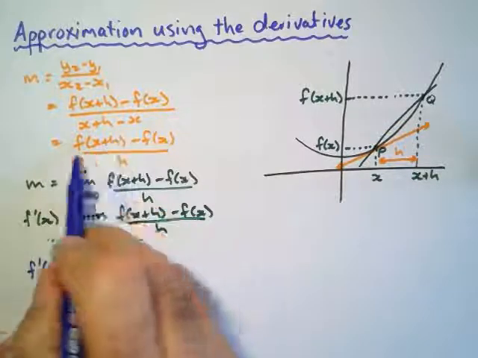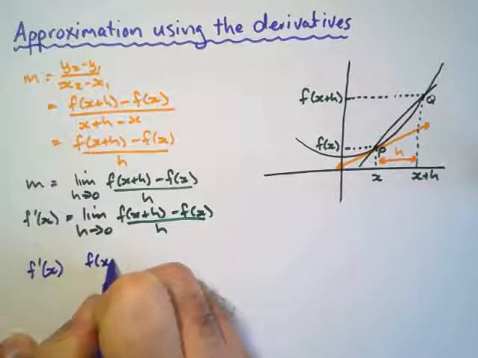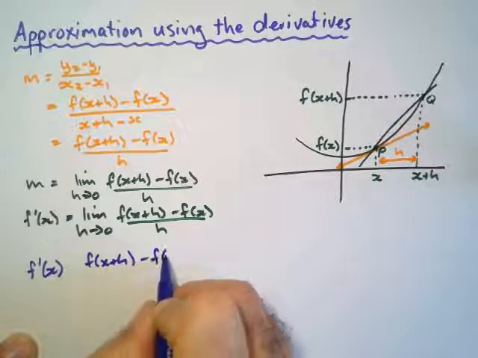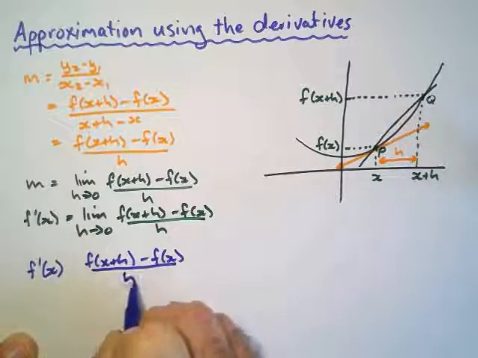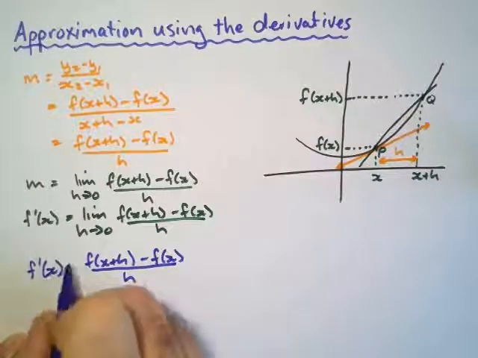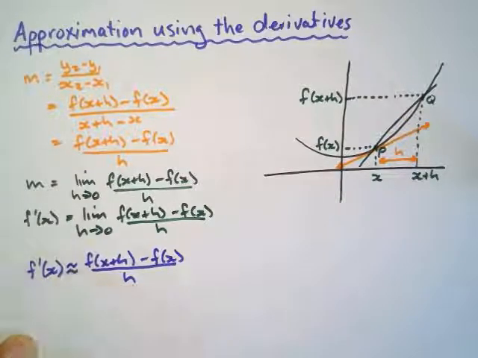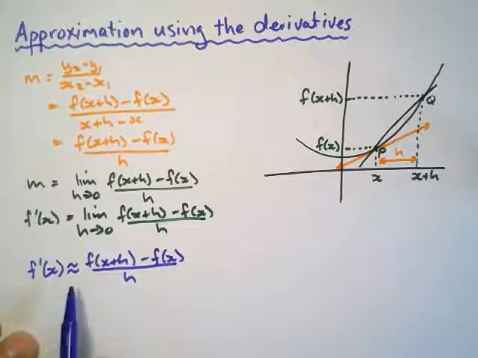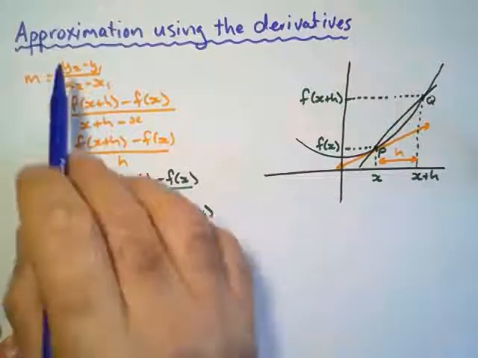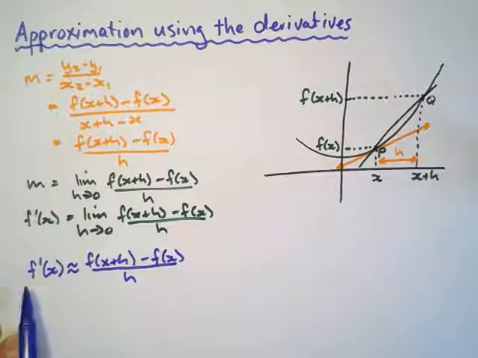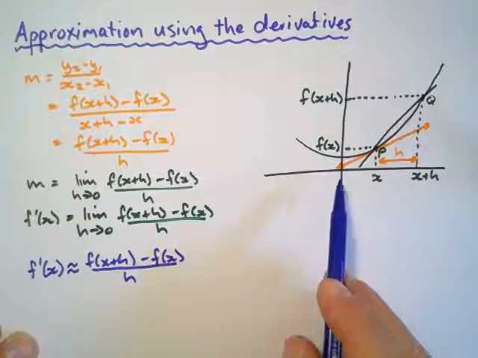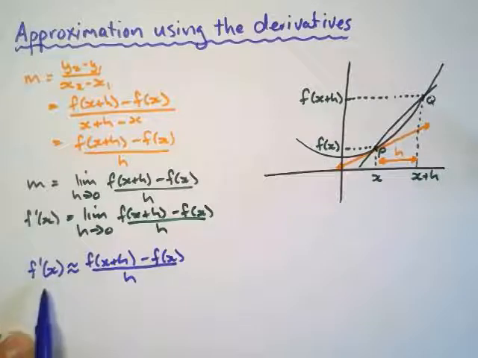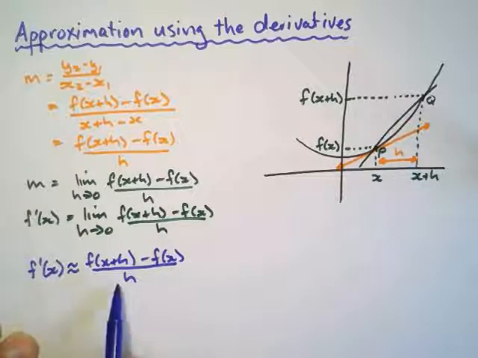We're going to go back to this f(x plus h) minus f(x) over h. But that's all going to be approximately equal, because it's going to be much closer. It's not going to be exact, but it's going to be very close. And this is then how we're going to find the approximation. We're going to say for a very small value for h, this is what's going to be true.